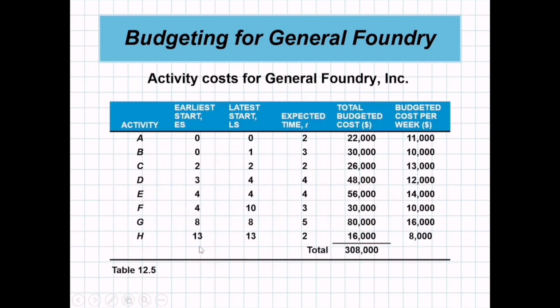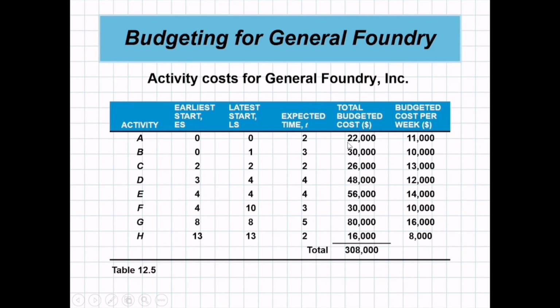Okay? So we have here the activity cost for the General Foundry Corporation. These are the expected times, the time we expect to achieve each activity. Activity A, class, can be achieved in 2 weeks, activity B in 3 weeks, and so on and so forth.